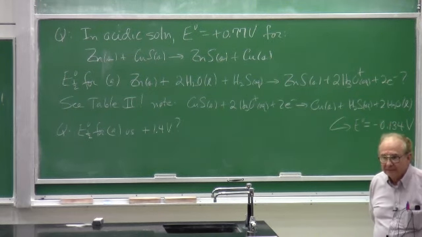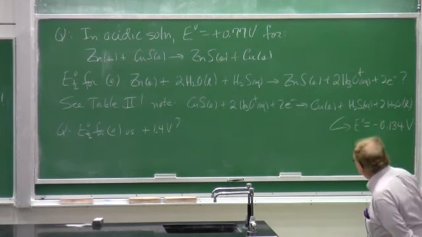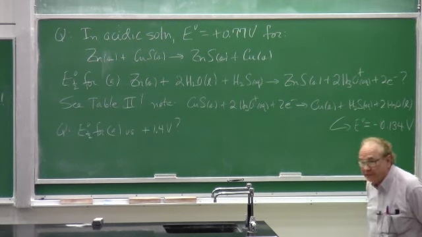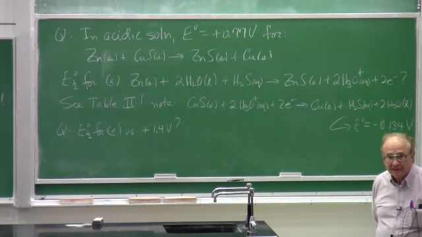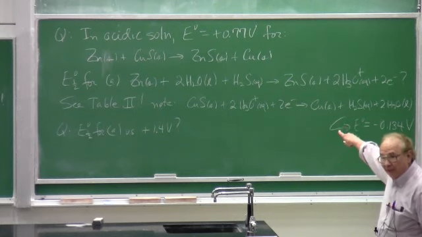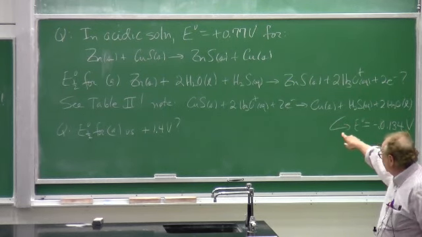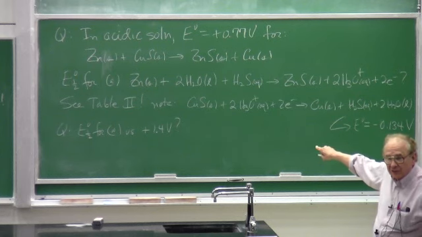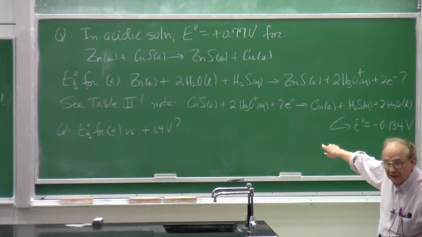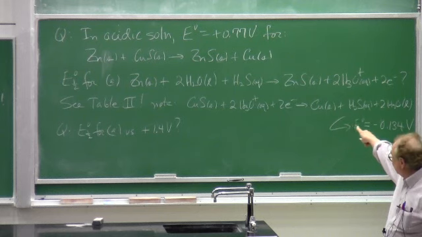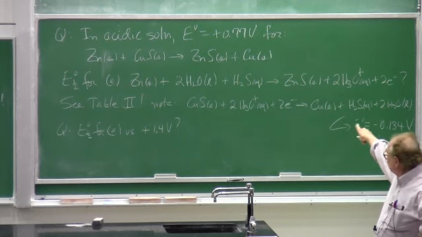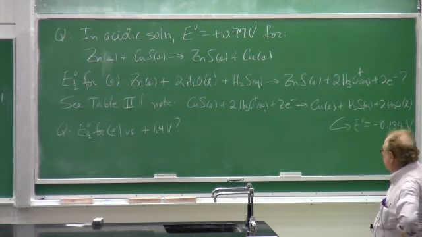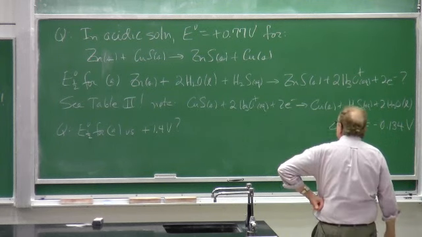What will I get? I'll get 0.77 volts, won't I? Isn't that the half reaction? Isn't that the E0 value for the cell reaction of zinc reducing copper sulfide in acidic system? I told you that, in acidic solution, E0 for that is plus 0.77 volts.